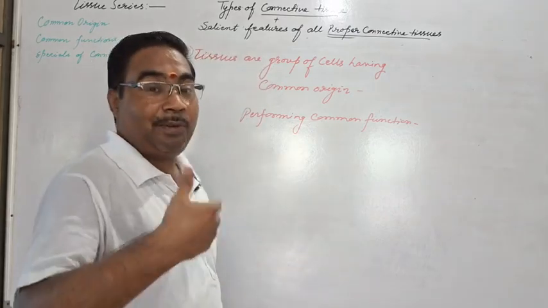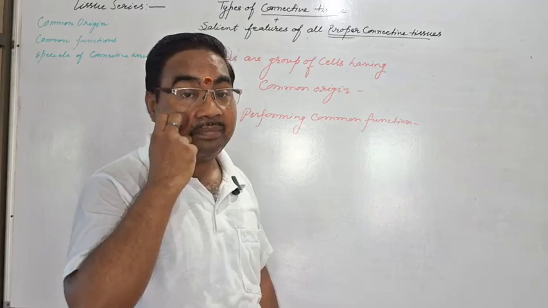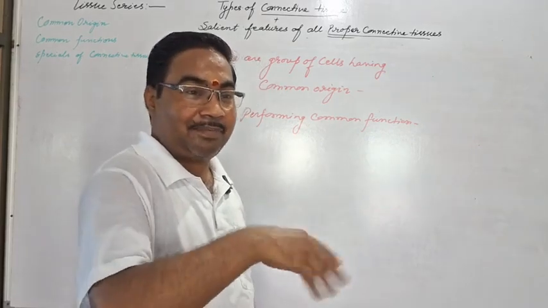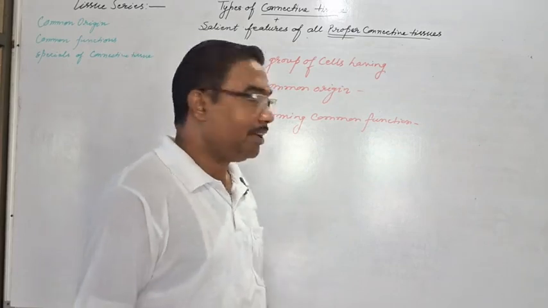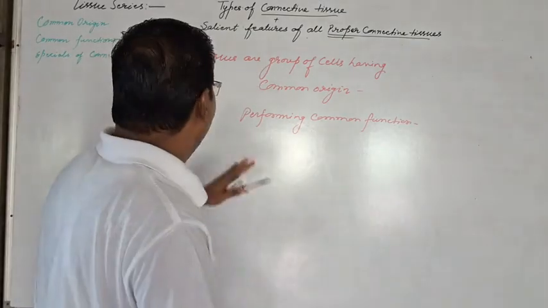When we explain the tendon, tendon is made of tendinocytes, bone is made of osteocytes. So many different types of cells. I am going to explain one by one, don't worry.